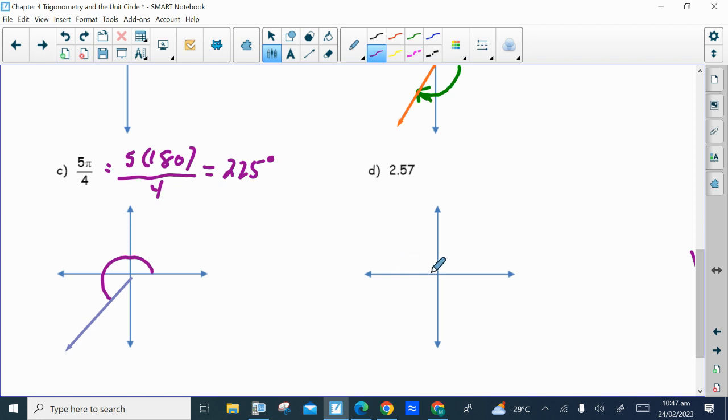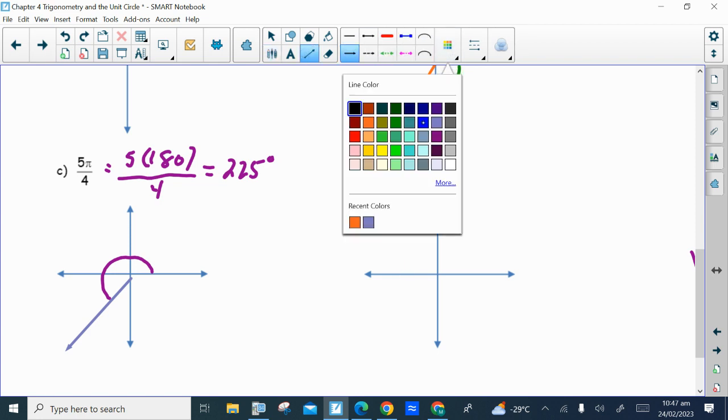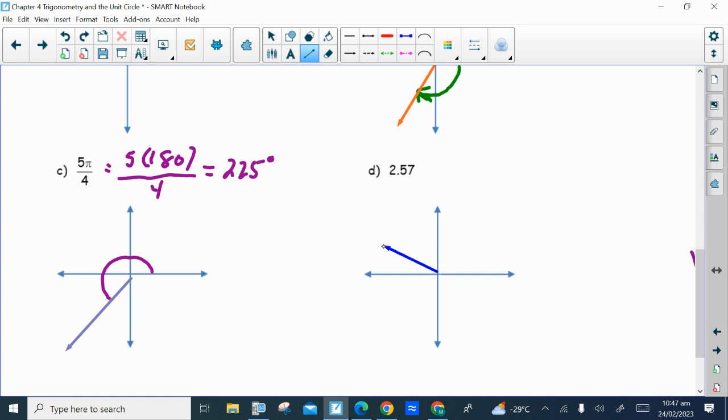We're going to be a little short of that. 2.57 is a little bit before 3.14. So there's a rotation angle of approximately 2.57 radians, a little bit less than 3.14, which is pi, which is halfway around the circle.